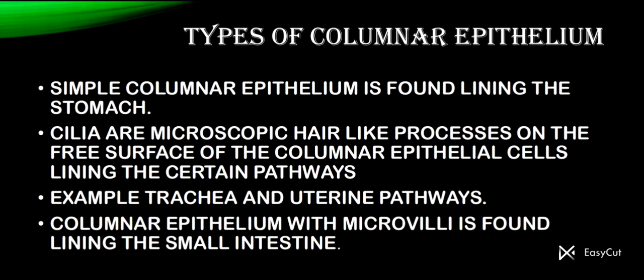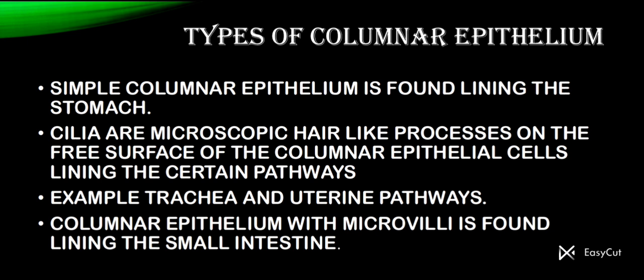Epithelial tissue is again divided into simple epithelium and stratified epithelium. Simple epithelium consists of a single layer of cells and is divided into 3 main types: squamous epithelium, cuboidal epithelium, columnar epithelium.